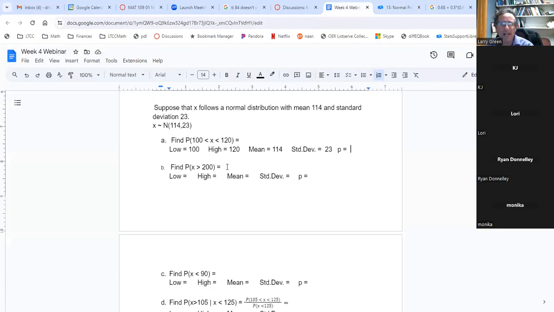Find the probability that x is greater than 200. So, what is the lowest value that's greater than 200 for this example? One hint is this is a continuous random variable. 0 is not greater than 200. 0 is definitely less than 200.